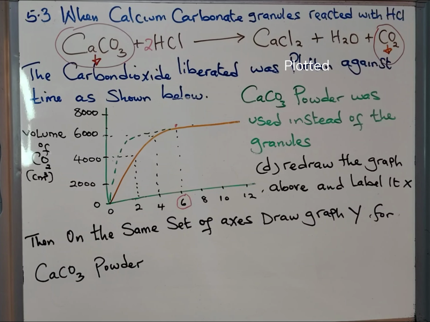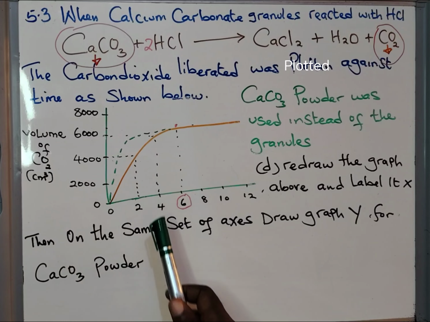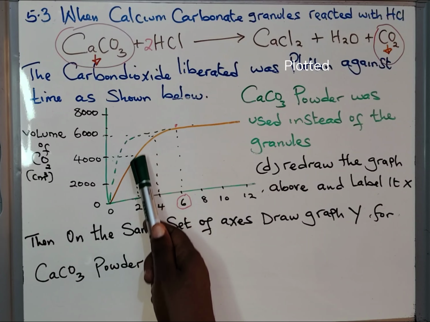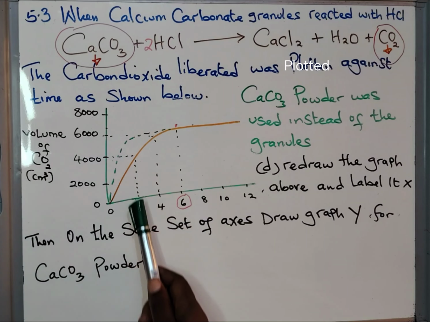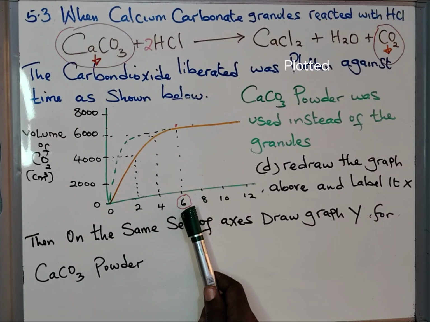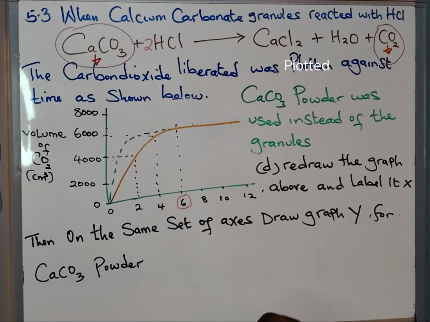Yes, like that. And for this graph, it is clear that when the graph flattens, which you call the time of completion of reaction, is around 2, whereas that one before took place at around 6 minutes. I want you to remember that a decrease in time of the reaction indicates an increase in the rate of reaction.